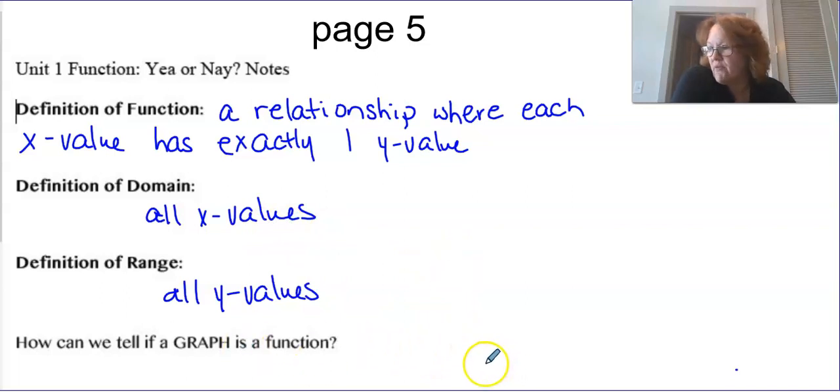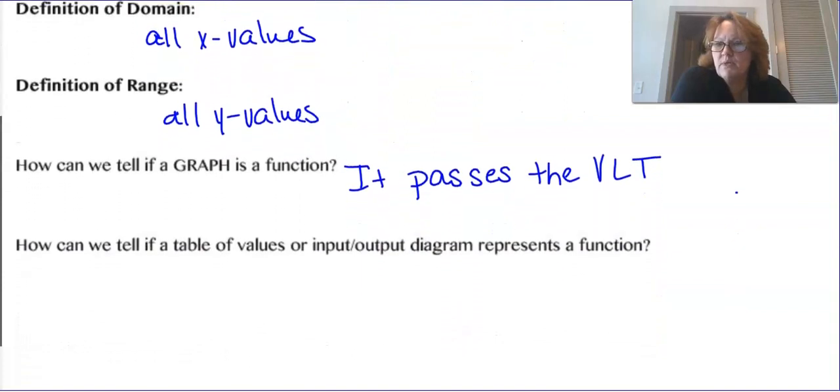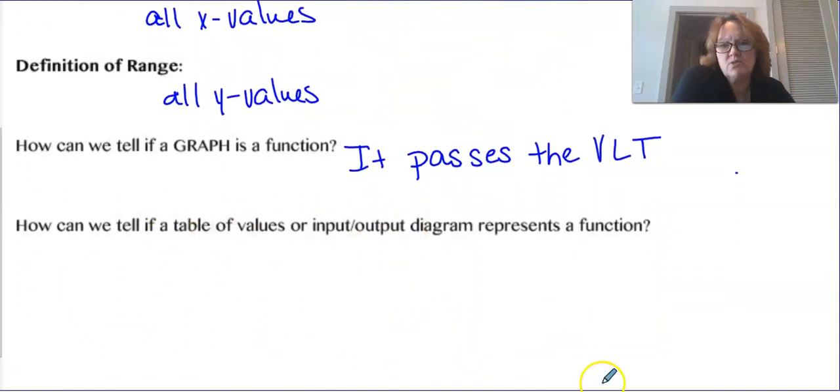How can we tell if a graph is a function? It passes the vertical line test. The VLT, vertical line test. How can we tell if a table of values or input-output diagram, in other words, one of those mapping diagrams, which we're going to look at too, represents a function?